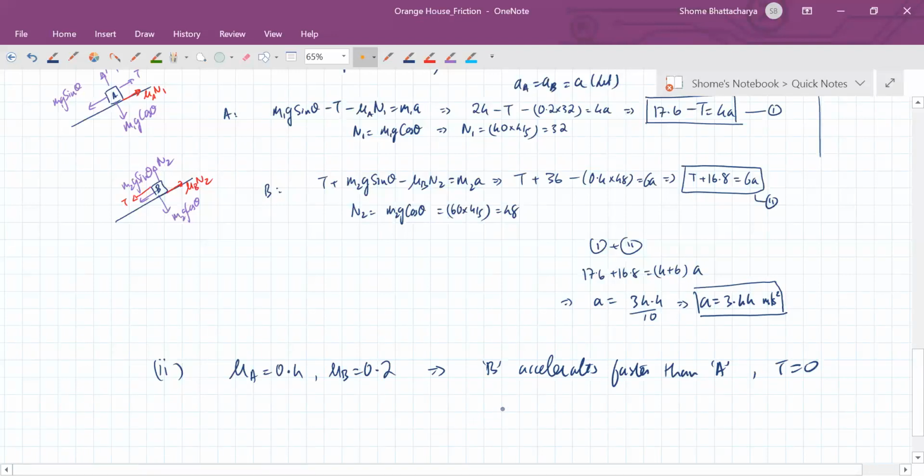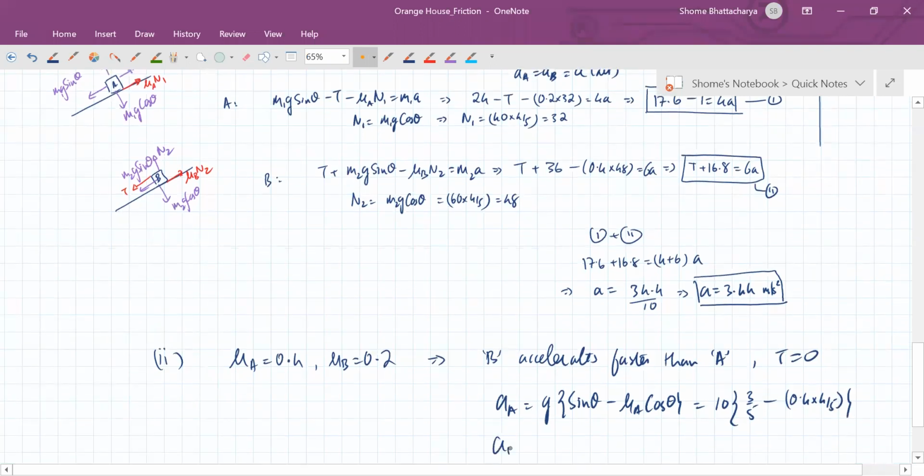So you can just now use the formula. Acceleration of A will become g into sine theta minus mu A cos theta. So that will be 10 into 3 by 5 minus 0.4 into 4 by 5.